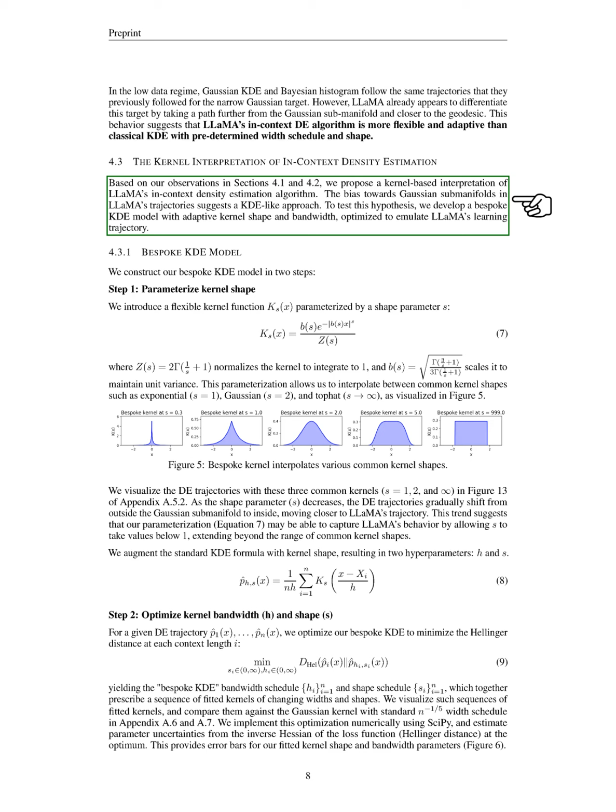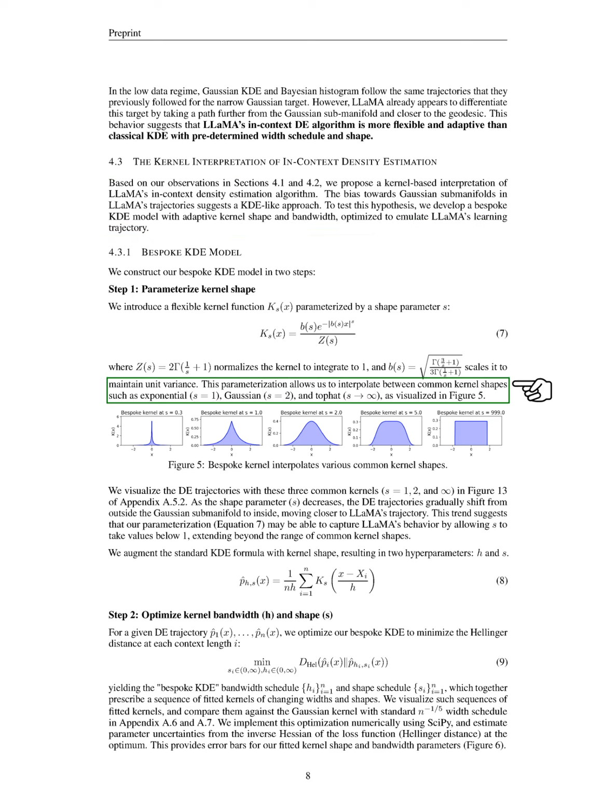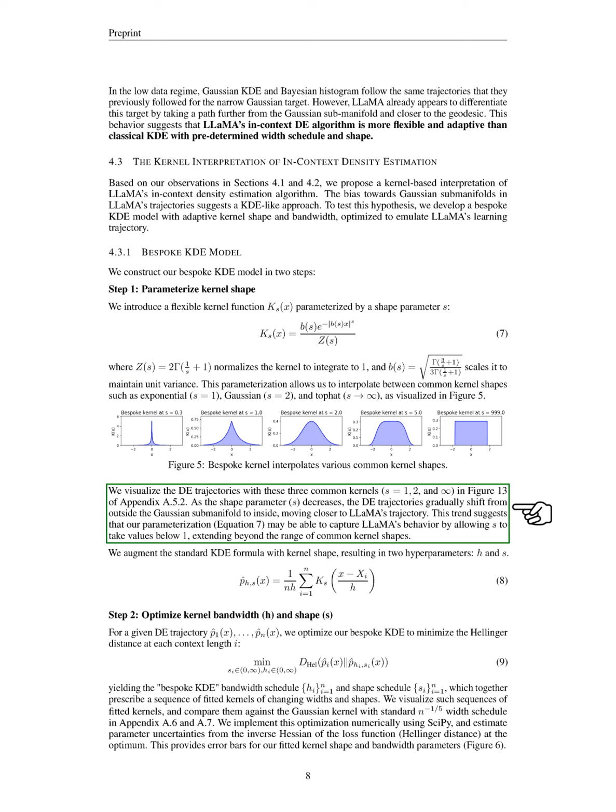First, we parameterize the kernel shape with a flexible kernel function that can adjust based on a shape parameter. This allows us to transition between common kernel shapes, such as exponential, Gaussian, and top hat. We visualize the density estimation trajectories with these kernels, noting that as the shape parameter decreases, the trajectories shift from outside to inside the Gaussian submanifold, aligning more closely with Llama's trajectory.